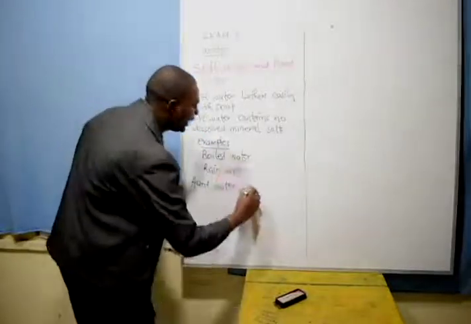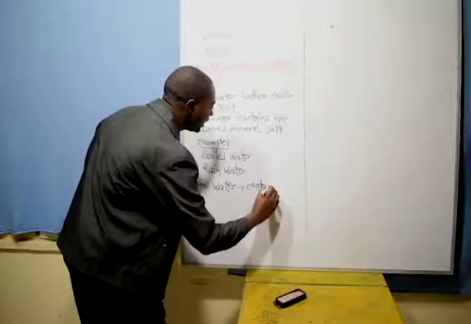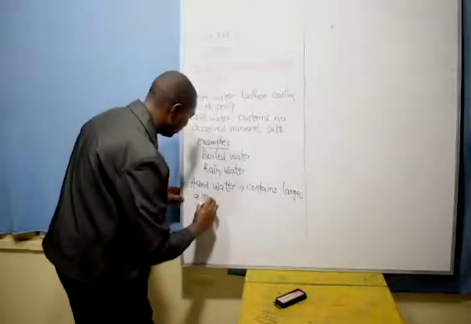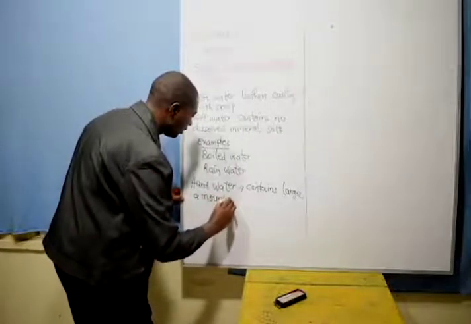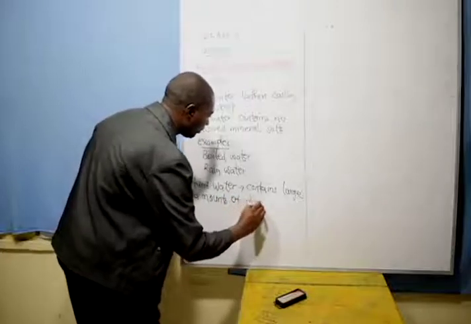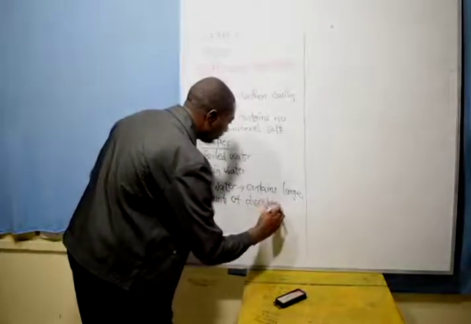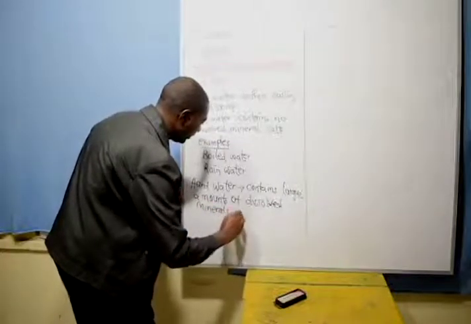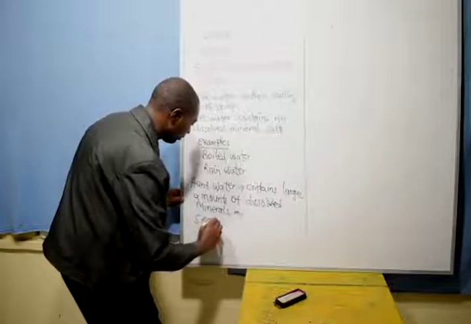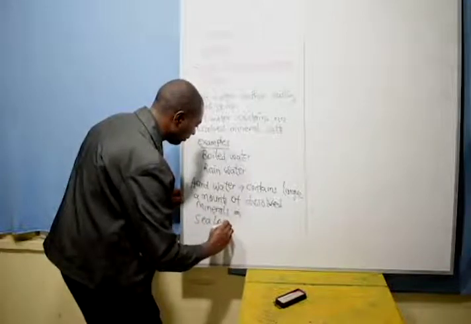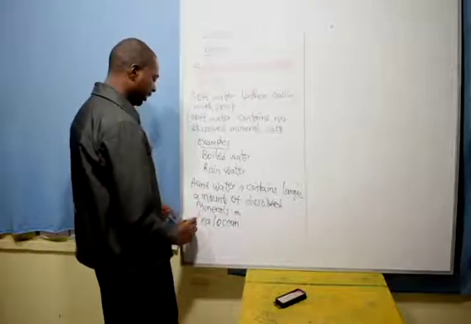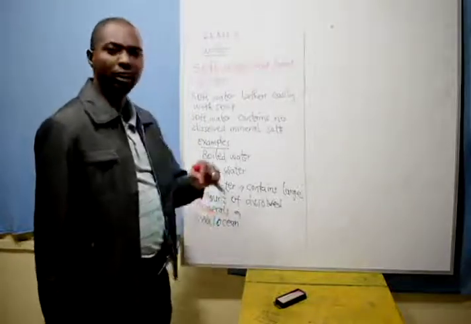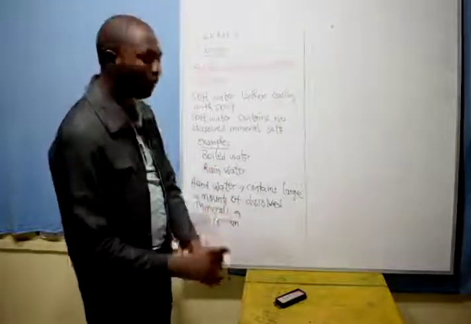So hard water contains large amounts of dissolved minerals, e.g. sea or ocean water. It is even salty. Those minerals make that water hard. If you attempt to wash clothes using seawater, that water cannot form lather easily.